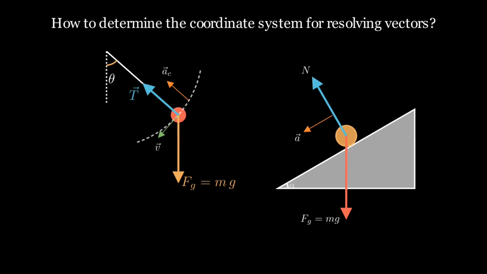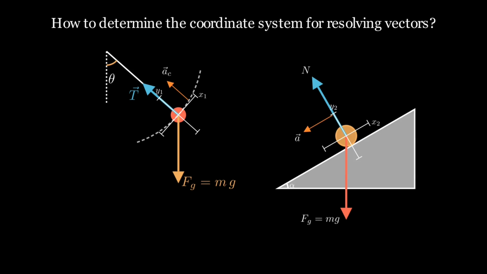Thus, let's take a look at the vector decompositions for each case. For the pendulum, we align the coordinate axis such that the positive y-axis is along the tension and the tangential velocity is along the negative x-axis. We work in a similar fashion on the inclined plane, choosing our x-coordinate along the upward direction of the slope and the y-coordinate along the normal.